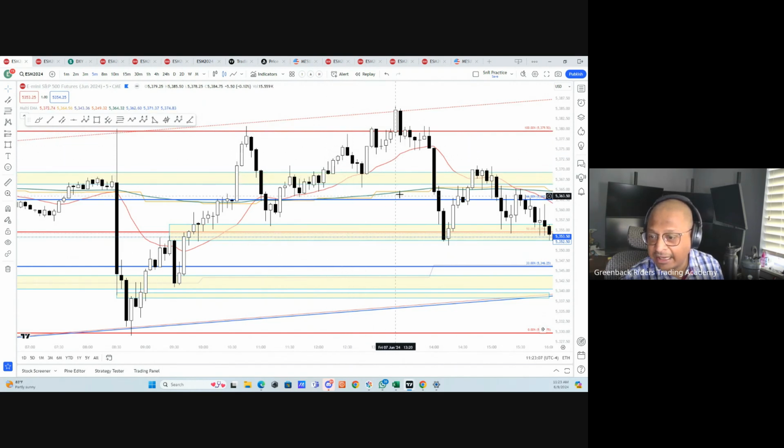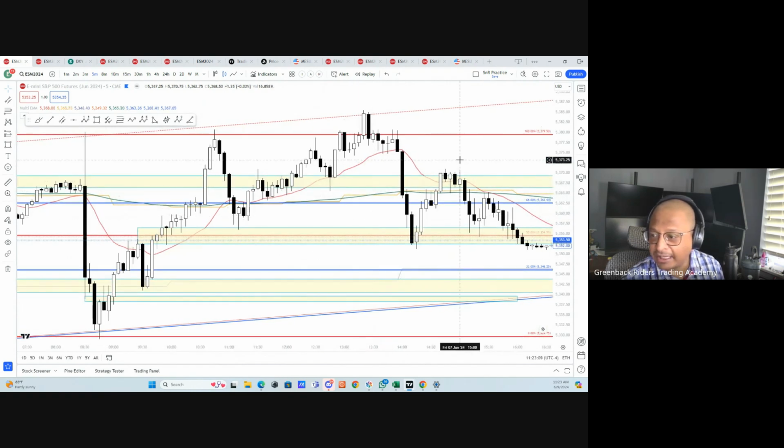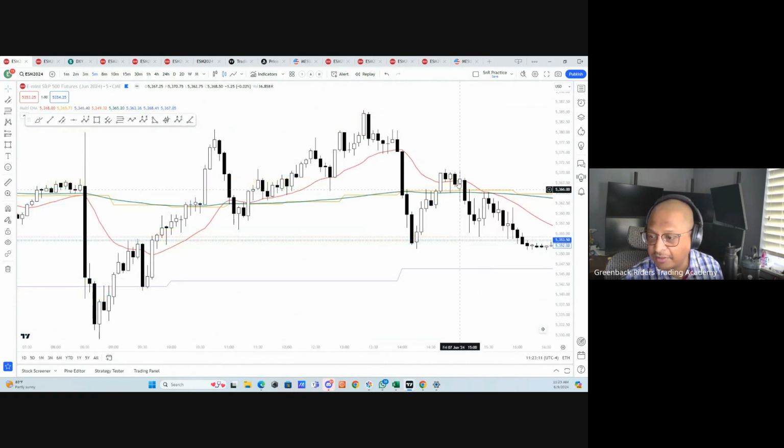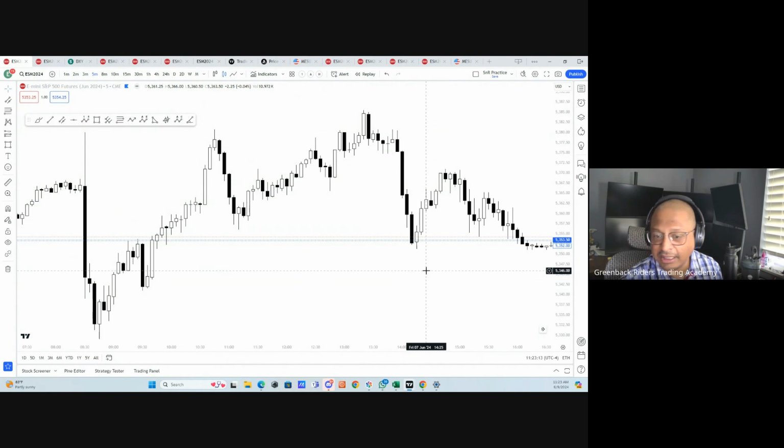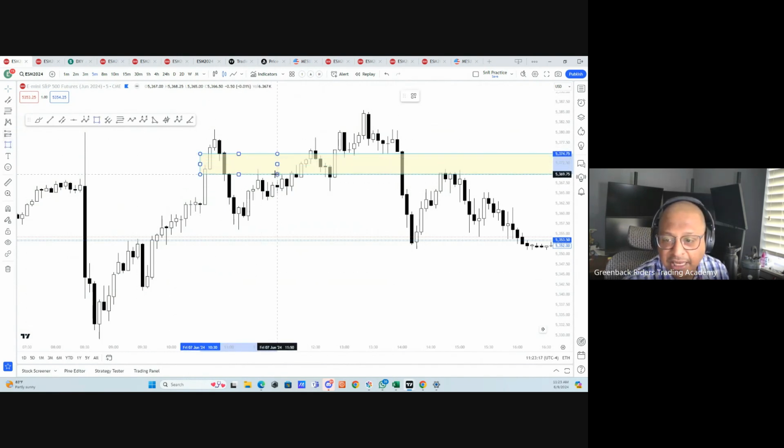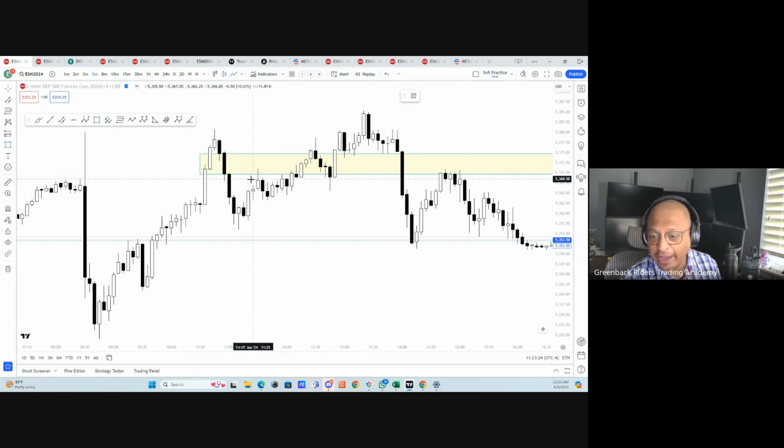Okay. Now again, if you see what is happening here, if I remove all the drawings from here right now, including the indicators, this was your bearish gap created. Correct. We went above, we came below.